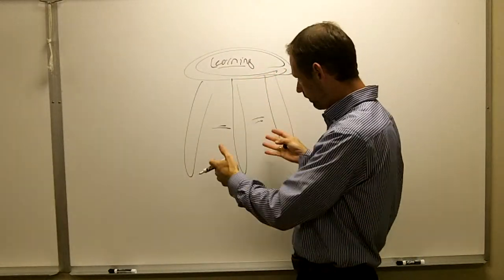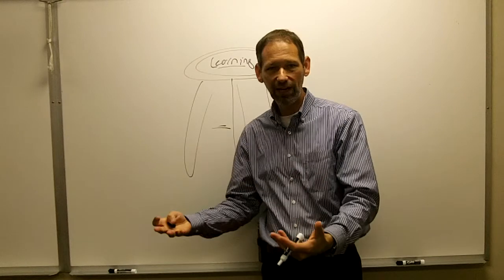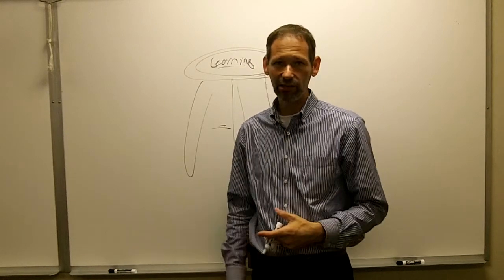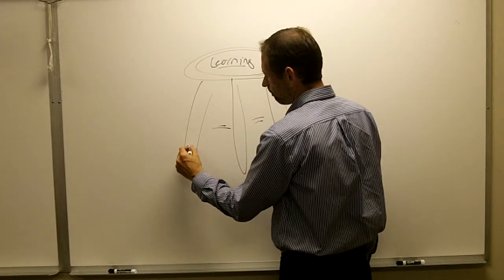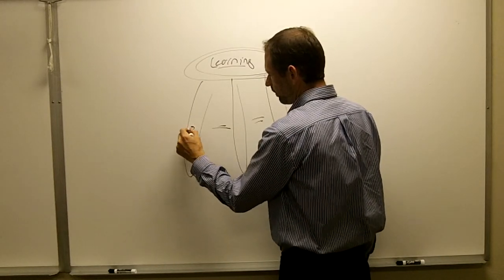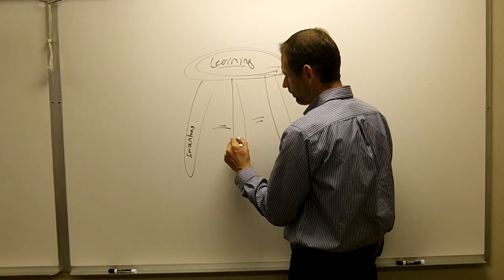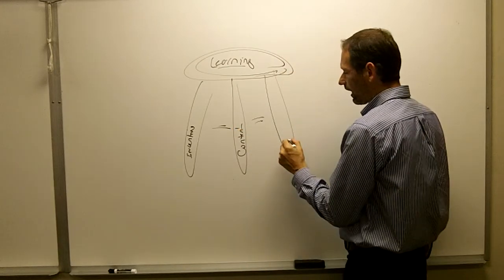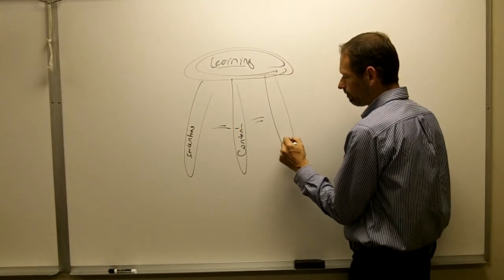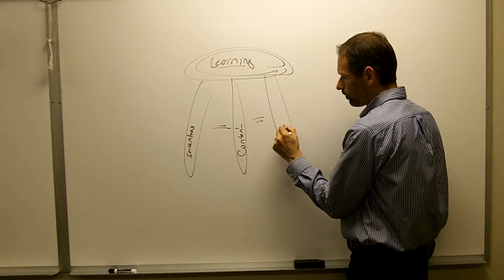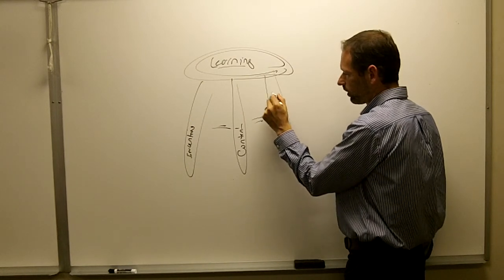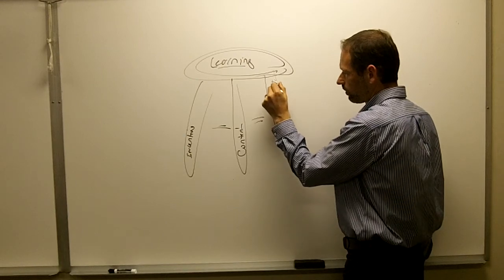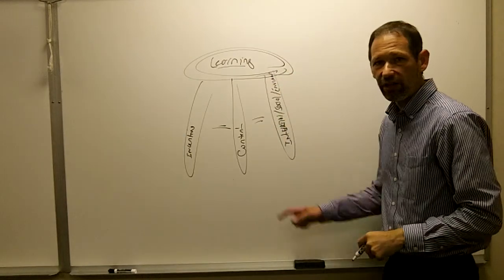So in this particular picture, to sit on this three-legged stool and rest, that is learning. You've got three legs, you've got the incentive, you've got the content, and you have the interaction, which is social, which is environment. These are three legs.